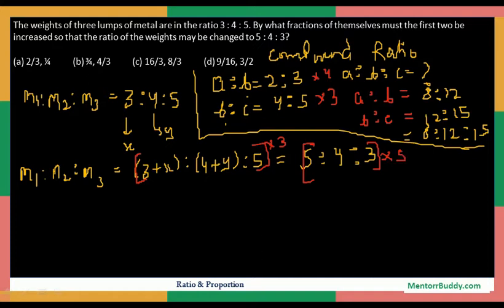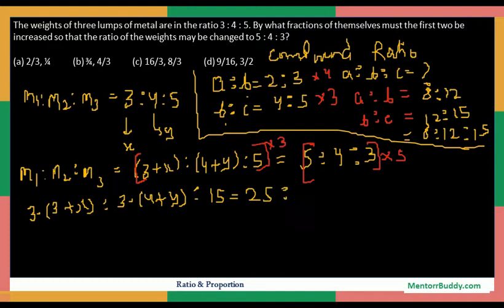So the new ratio will become 3 into 3 plus x ratio 3 into 4 plus y ratio 15, which is equal to 25:20:15. Now it says that these two ratios are similar, so equating this value with 25.